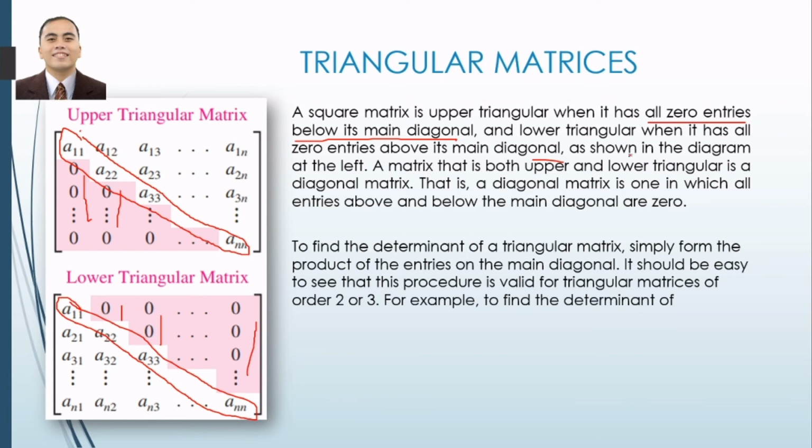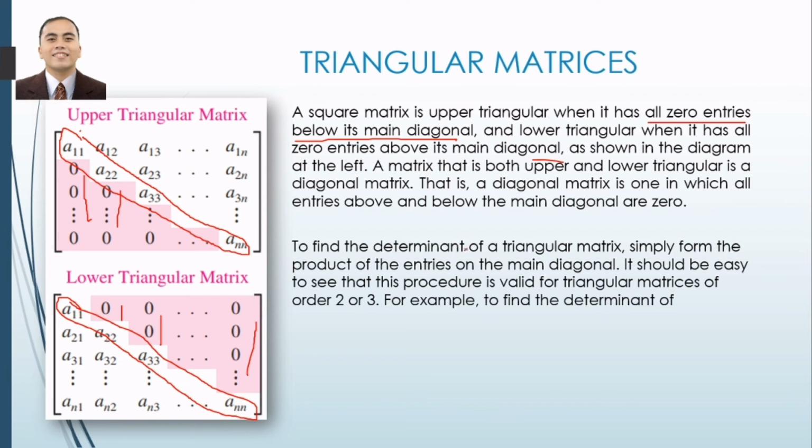A matrix that is both upper and lower triangular is a diagonal matrix. That is, a diagonal matrix is one in which all entries above and below the main diagonal are 0.